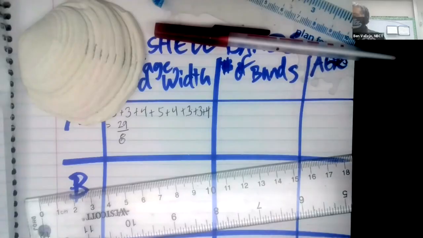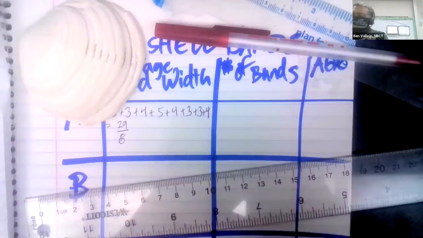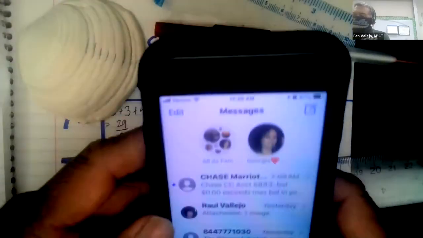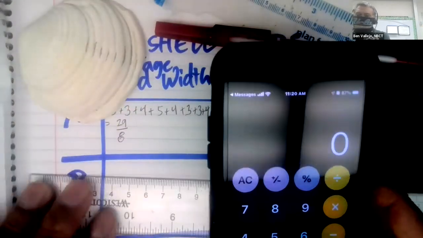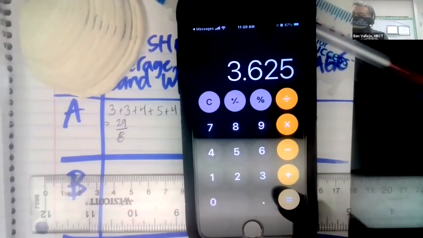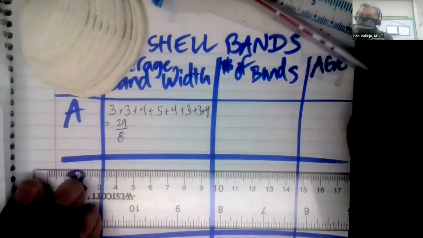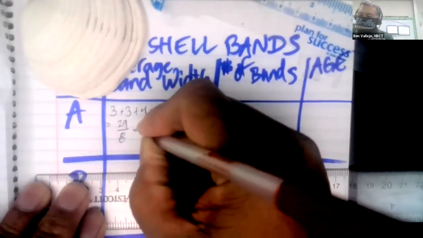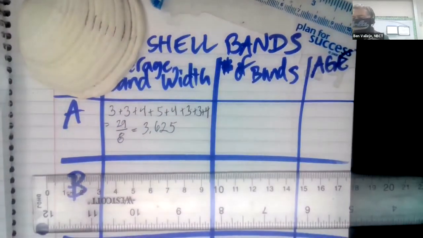I'm going to turn on the calculator, and there it is right there. All right, so 29 divided by 8 equals 3.625. So that's the average bandwidth for 8 bands.